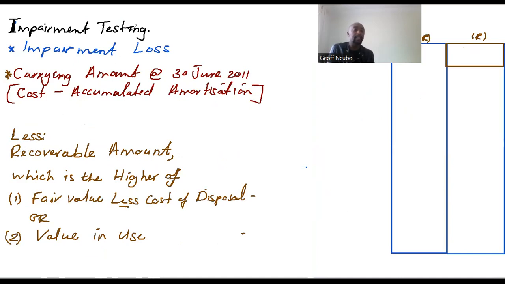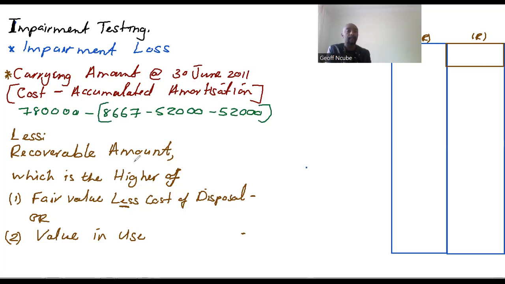So we'll come here and say our cost was 780,000 minus all the accumulated depreciation, which is 8,667 minus 52,000, and the current year one, 52,000.